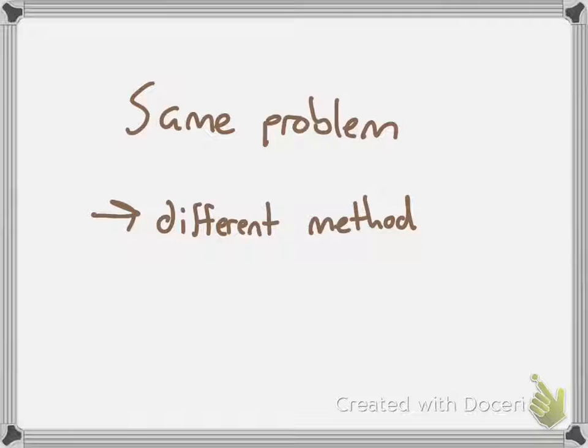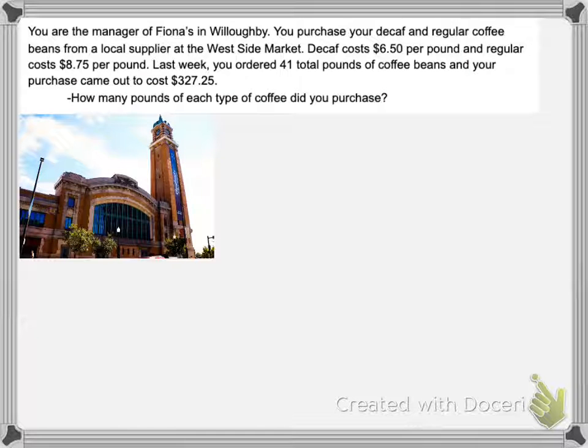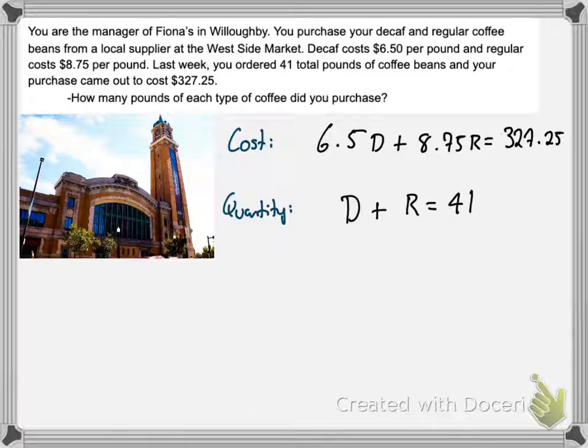Now we're going to look at the same problem, but I'm going to show you how you would do it using elimination. Again, we have the same problem. You're buying decaf and regular, and the cost comes out the same. Similar to substitution, regardless of what method you end up using, you're going to make your equations the same way. But after we've set up our equations, this differs in where I go from here.